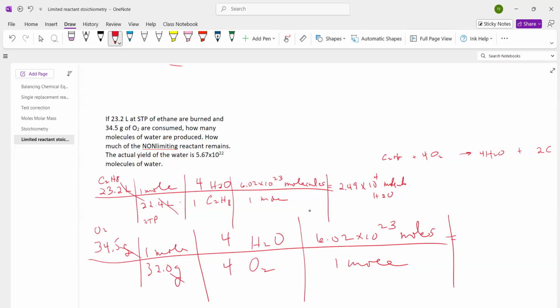Key that in, that question, how many? Avogadro's number. Put those two words together. Where they're both four, from the balanced equation.